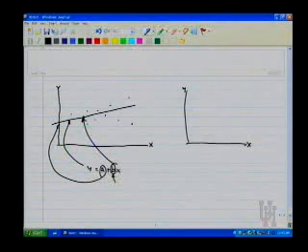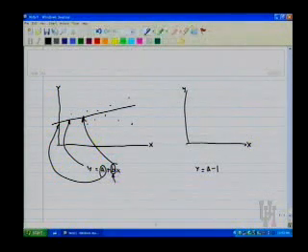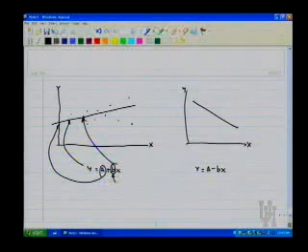If the resulting regression equation was of the form y equals a minus bx, what would be the direction of the line? This way? Yeah. How did you make that conclusion? Because there's a negative slope.